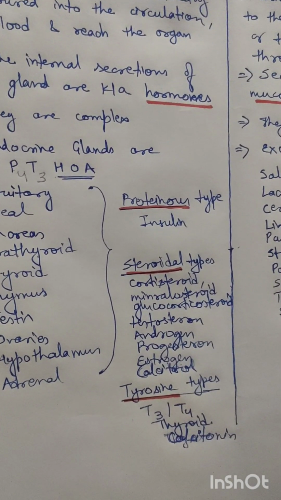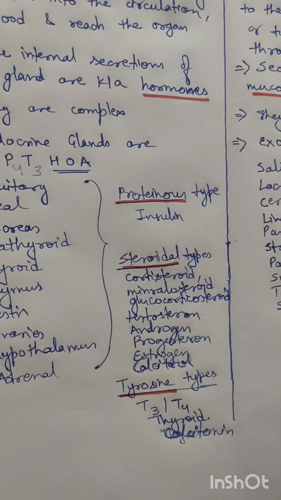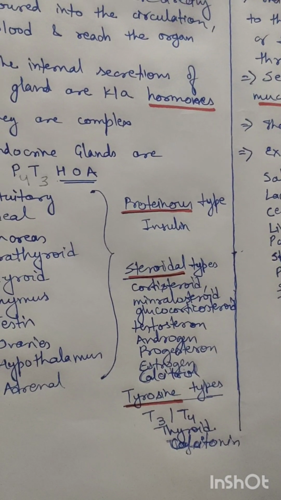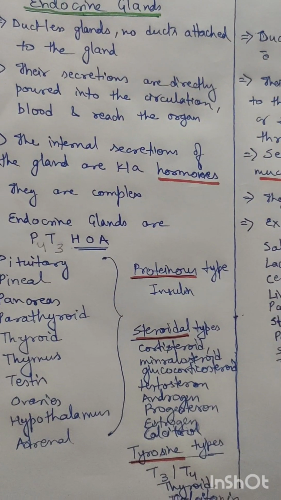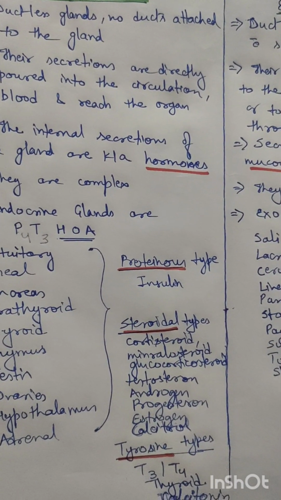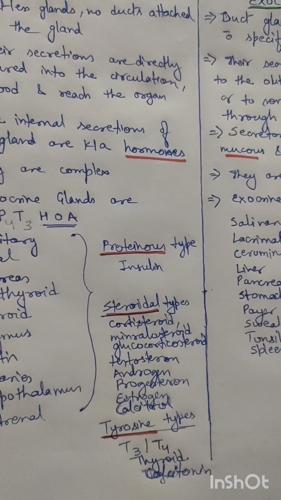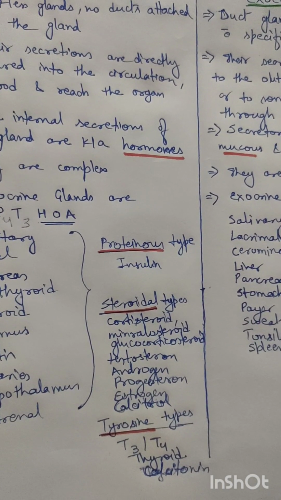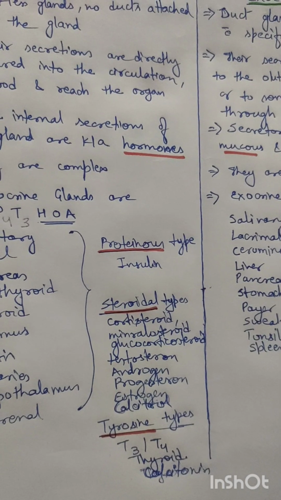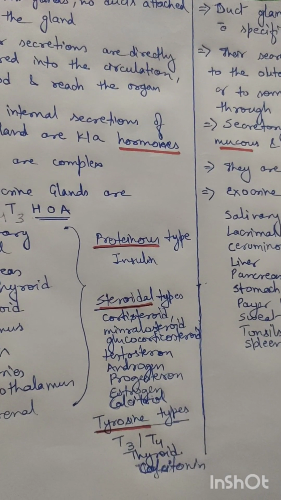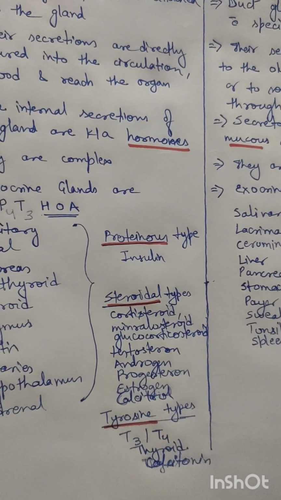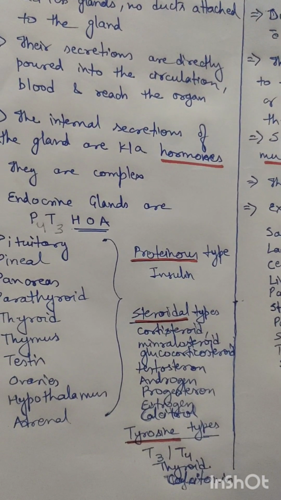Adrenaline and noradrenaline have a difference: if we remove the methyl group, it becomes noradrenaline. And then the gonads produce androgen, progesterone, estrogen and testosterone. We will study them in the coming lectures in very detail.